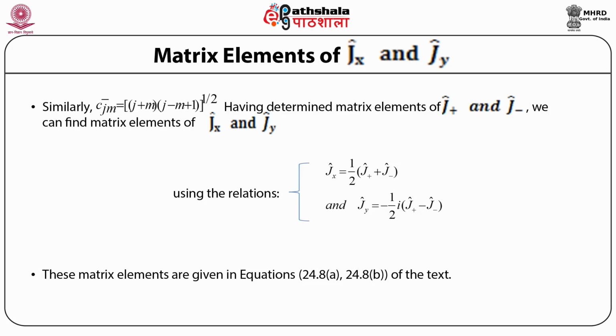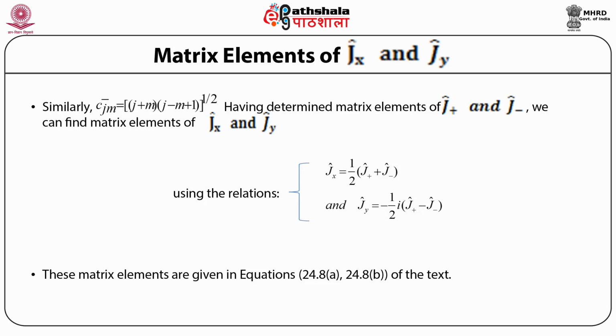of these equations is that the constant Cjm plus is equal to, within brackets, J minus m into, within brackets, J plus m plus 1 whole to the power half.